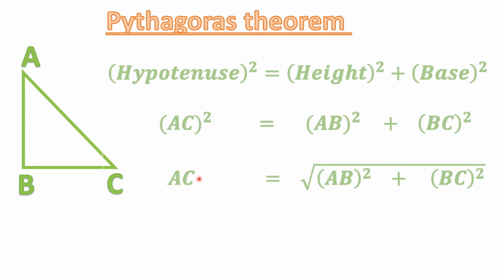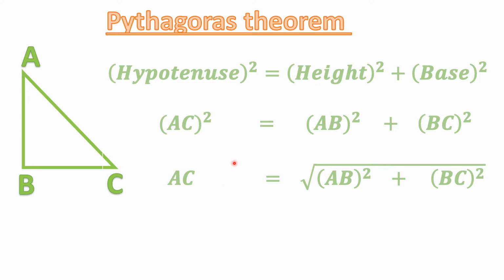We put AC here, and when square goes to the other side of the equal sign, it becomes square root. In other words, in order to remove the square, we take square root on both sides. So AC is equal to root of AB square plus BC square.